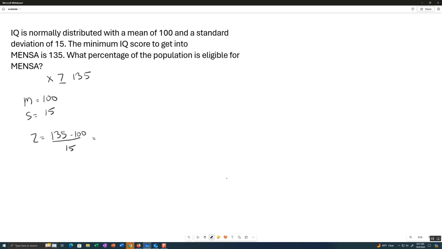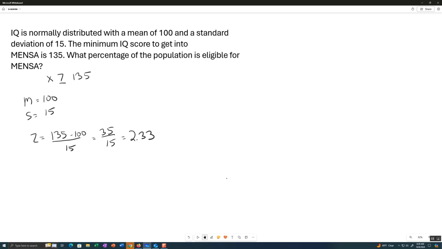That gives us 35 over 15, which is 2 and 5/15, or 1/3. Rounded, 2.33. So we've got to find that value in the table now.